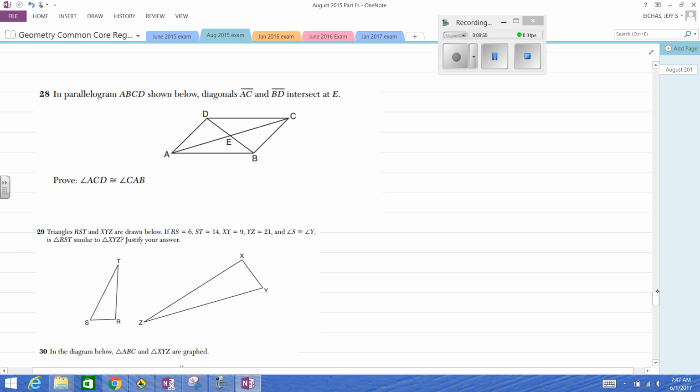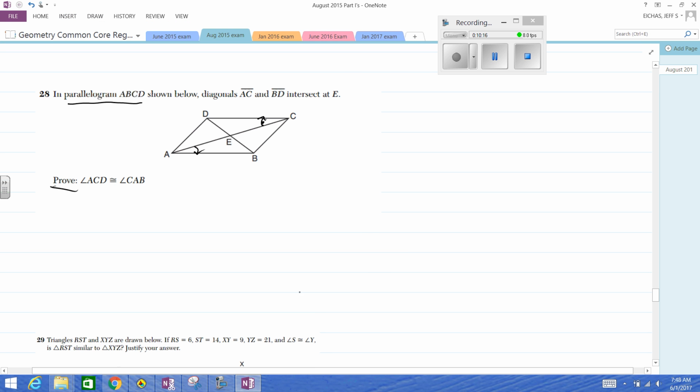Parallelogram. Okay, it tells us that we have a parallelogram, and we have to prove angle ACD. We're going to prove that this angle is the same as that one. And they're telling us that it's a parallelogram. All right, that should be pretty easy to do.